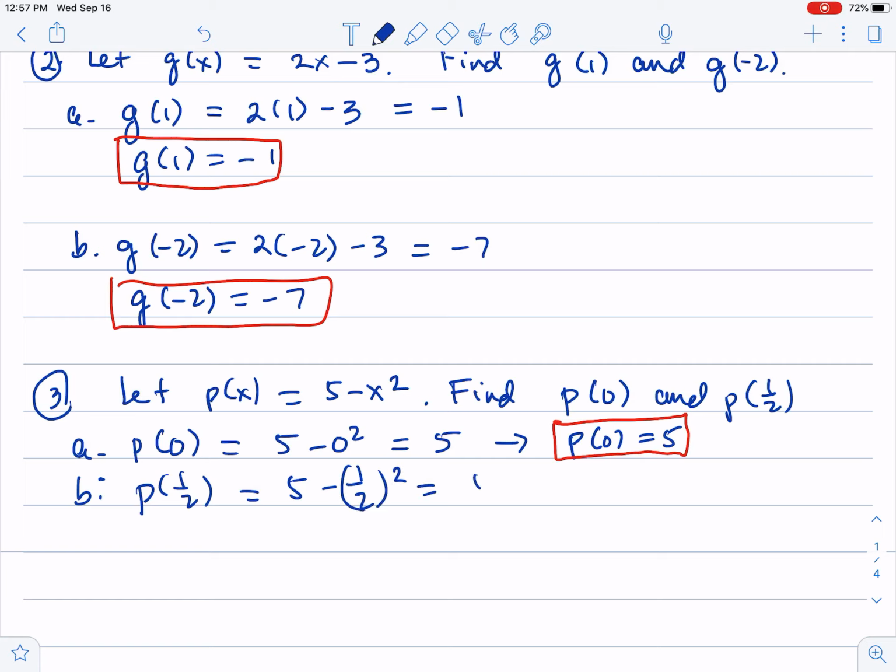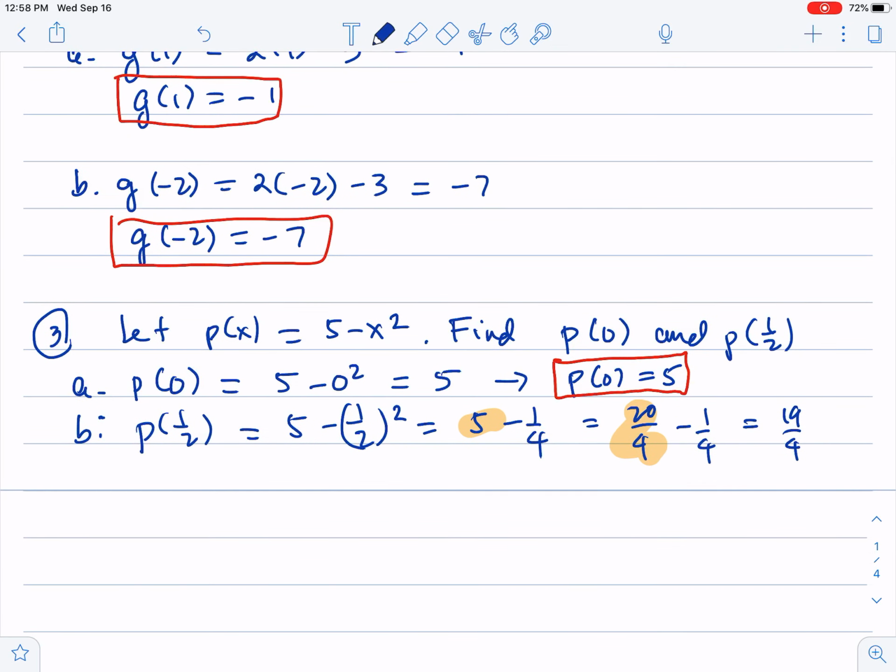That's 5 minus 1/4, no, kasi, which is equal to 20/4 minus 1/4, which is equal to 19/4. So ang 5 ay equal to 20/4, no? So 19/4 ang p of 1/2.